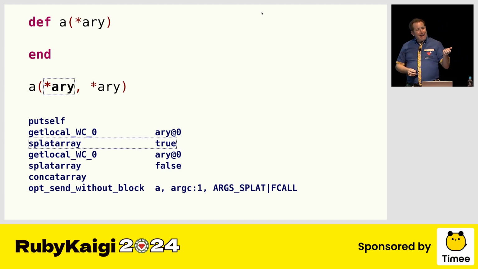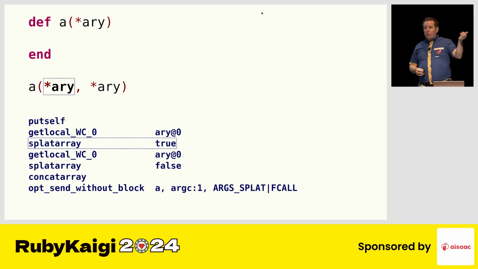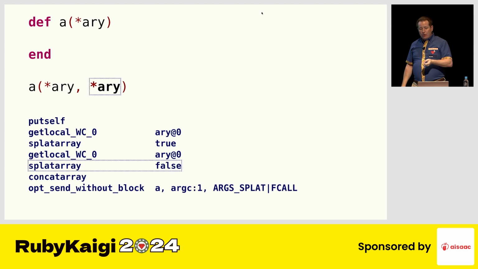So the first array allocation during this method call is for splat array true, which will duplicate the array local variable for the first positional splat. And you cannot eliminate this allocation because Ruby does need to provide a single array to splat, and it can't modify either of the splatted arrays. The second positional splat uses the splat array false instruction, which does not allocate an array.